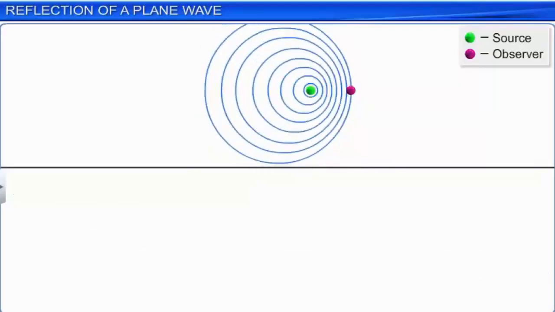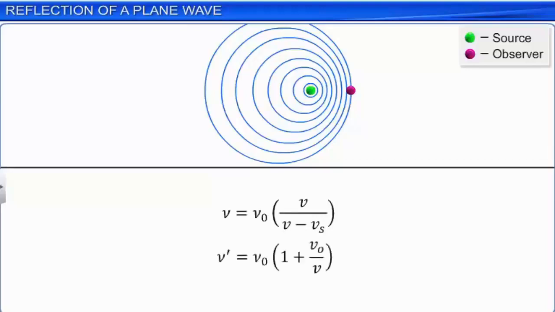Then, as for the Doppler effect for sound waves, we have nu equals nu0 into (1 minus Vs by V), and nu' equals nu0 into (1 plus Vo by V). Let them be equations 1 and 2.